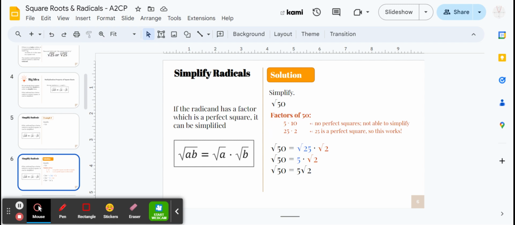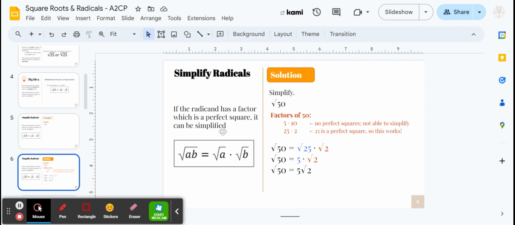In this case, 25 and 2, where 25 is that perfect square number. So we're splitting this 50 into 25 and 2 using this rule here, right? Because now your A is 25 and your B is 2. And therefore, we're able to simplify this to actually work out to 5 square root of 2, right?